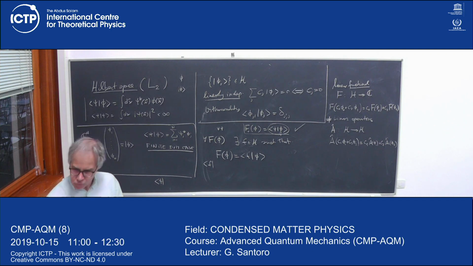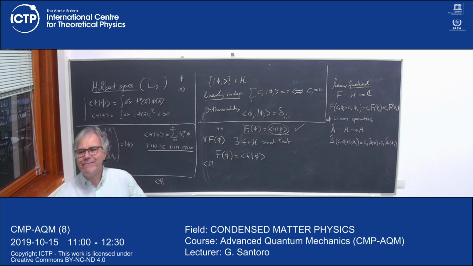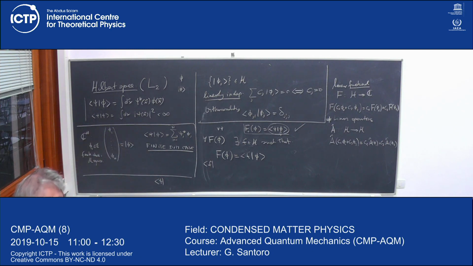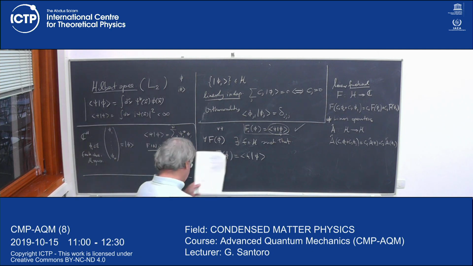You can do a lot in quantum mechanics by ignoring the difficulty associated to infinite dimensional Hilbert space. If you want to study something on a computer, you better have a finite dimensional problem to put in the memory of your computer. So let's concentrate on the finite dimensional case.